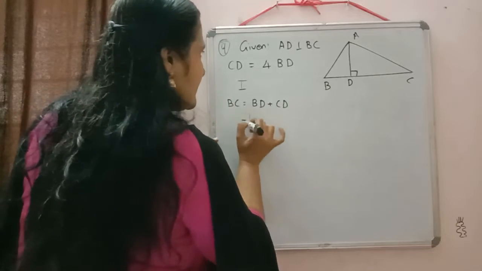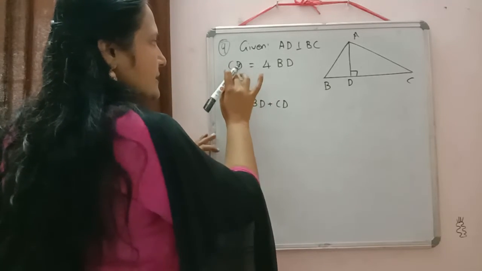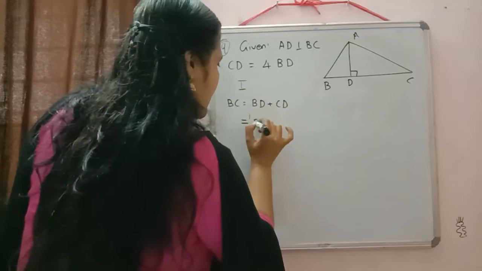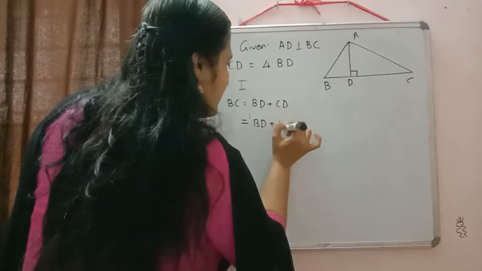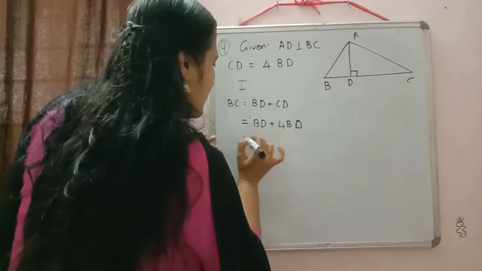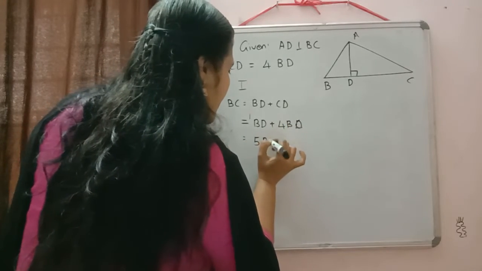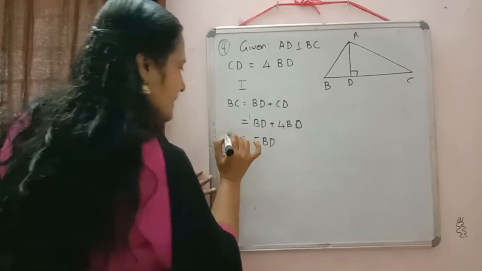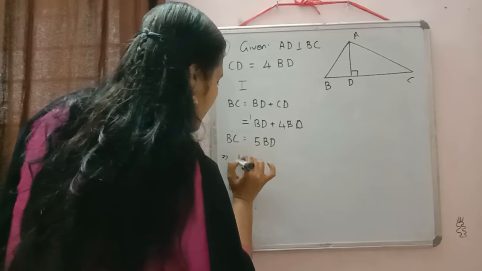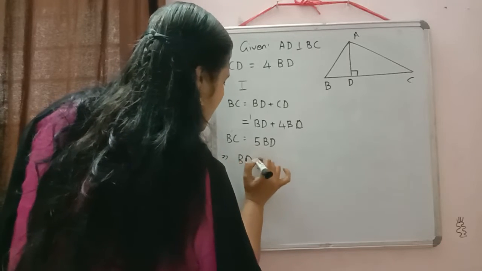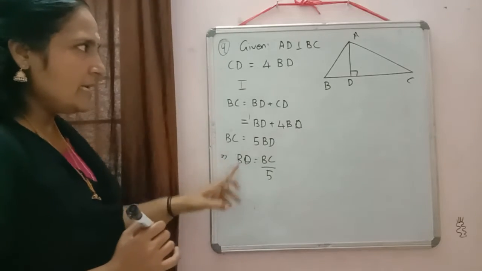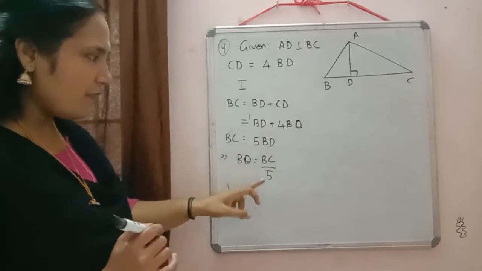And what condition is given in the question? CD is equal to 4BD. So in place of CD, we can write 4BD. So BD plus 4BD will be equal to 5BD. So we are getting BC is equal to 5BD, or we can write BD is equal to BC by 5. So BD I converted in terms of BC.